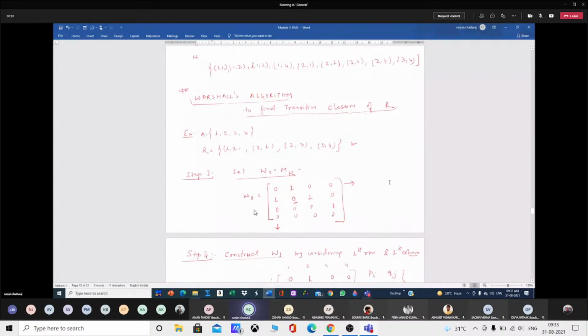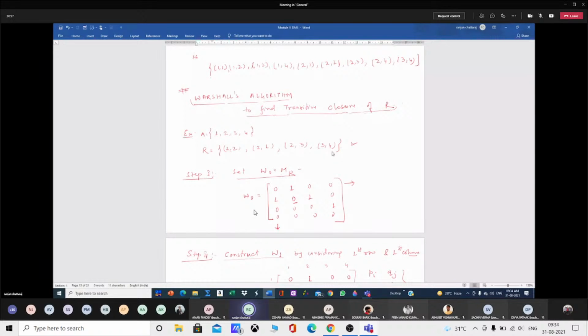First, we set W naught, where W represents Warshall's, as MR, the 0-1 matrix of the relation. So we assign 1 to these positions: 1,2, 2,1, 2,3, and 3,4.